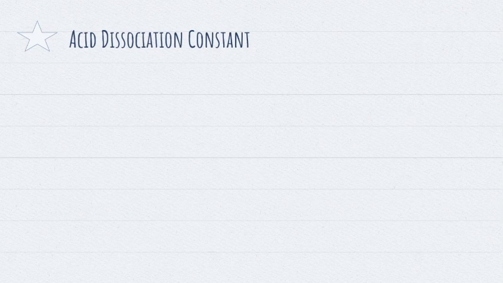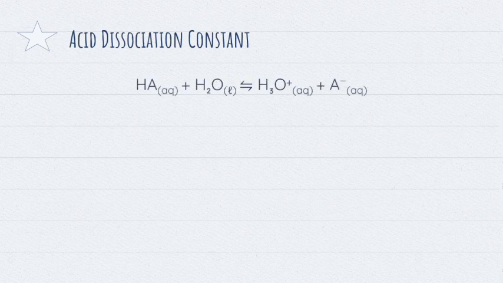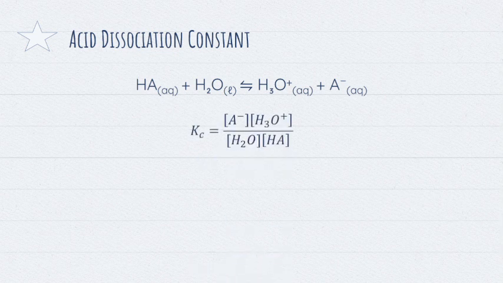And here we have two dissociation constants for you to find the pH of a weak acid or a weak base. The first constant is called the acid dissociation constant. If you recall, a weak acid exists in an equilibrium, and we can then have the Kc equation.